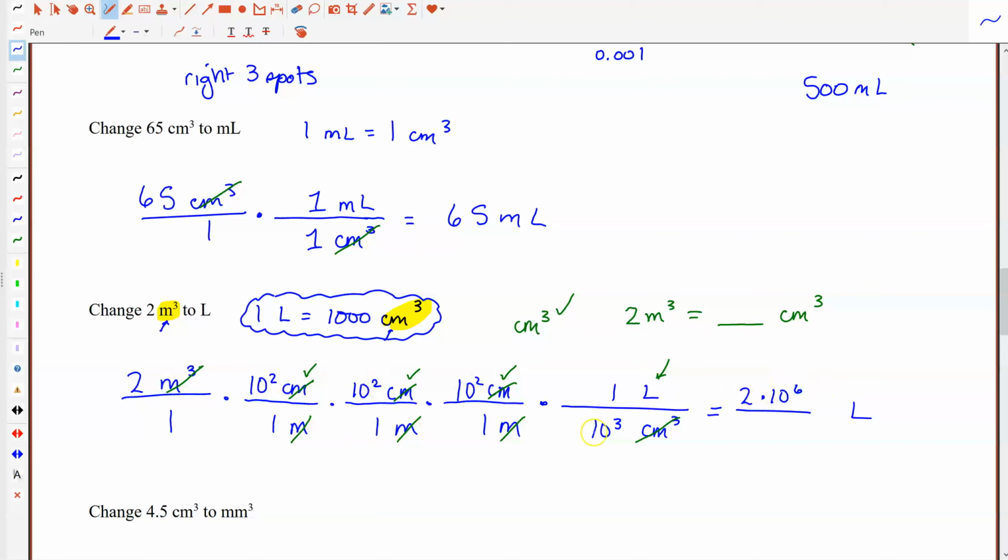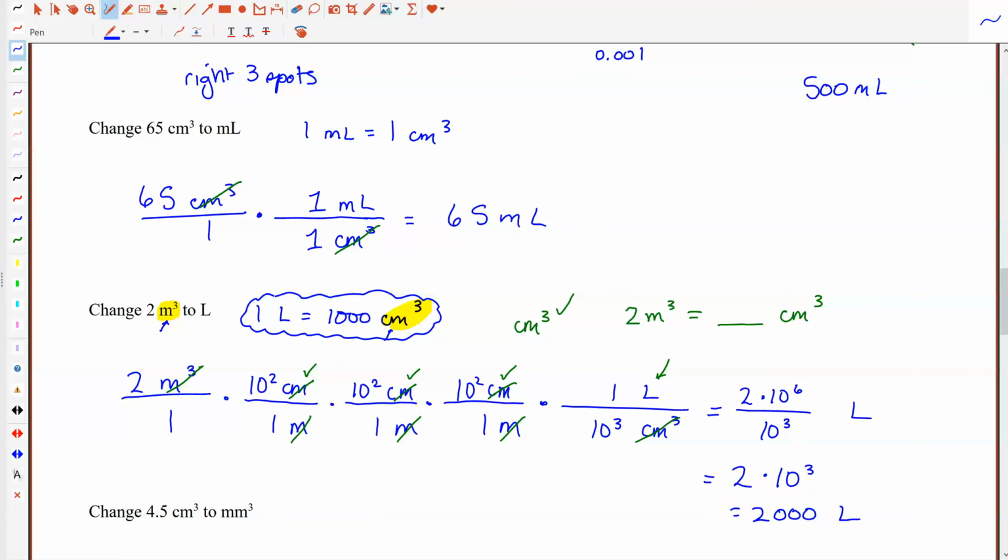Downstairs I have a whole bunch of 1s, but then this 10 cubed. All right, and do we remember what we need to do to these exponents when they're on opposite sides of the fraction bar and I'm dividing them? What do we do with those exponents then? All right, we subtract them, right? So this is then going to end up giving me 10 to the 6 minus 3, which is 3. Right, and then writing that out, this is going to be 2 followed by 3 zeros. So this is going to be 2 thousand liters for my final answer.